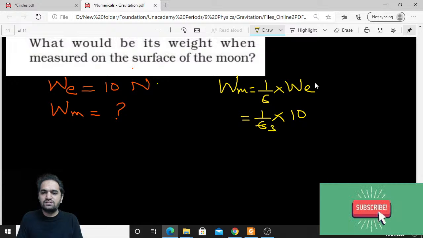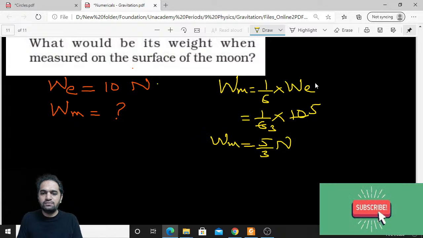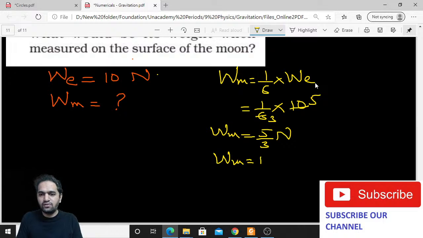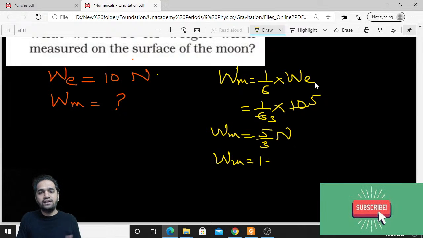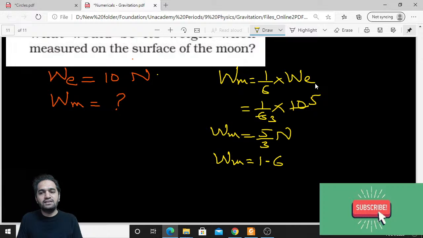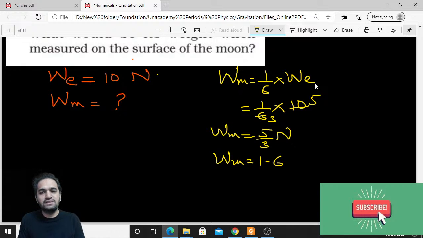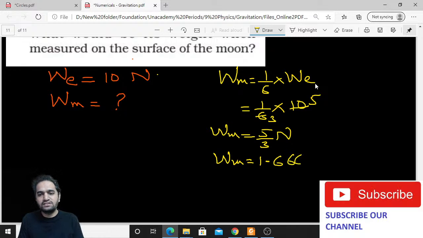So you can just multiply it. 2 3s are 6, 2 5s are 10, and that is 5/3 Newton. Right? You can divide it further if you want. 3 6s are 18, and 2 more, so that means 1.66 Newton.